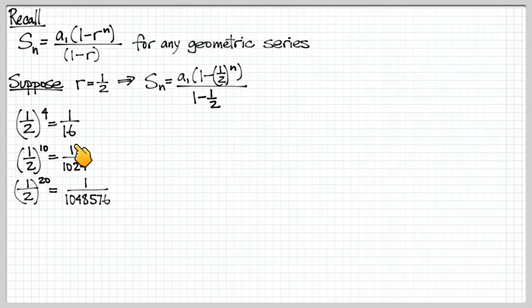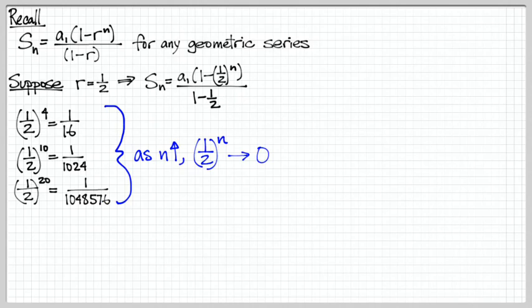This number is getting smaller and smaller and smaller. 1/16 is a decent size, but as you get down to here, this is almost 0, practically 0. And that's the big idea. As n gets bigger and bigger, and 20 is not really a big number, say 1,000, 1 over 2 to the 1,000th power would be, for all practical measures, 0.